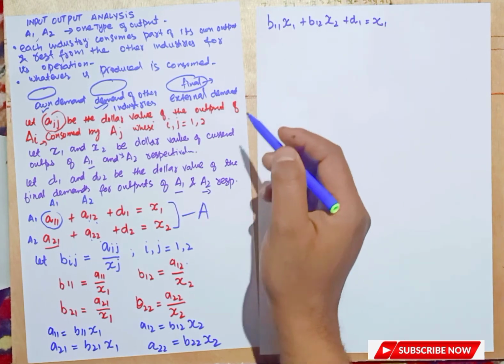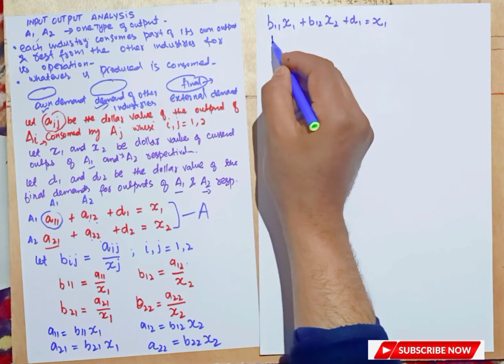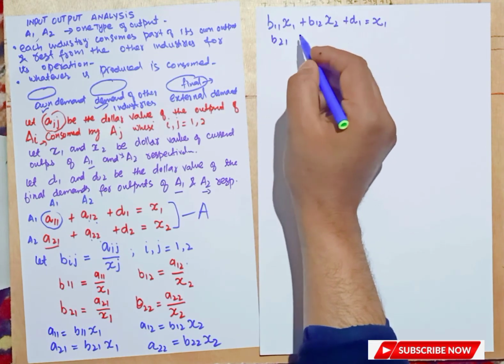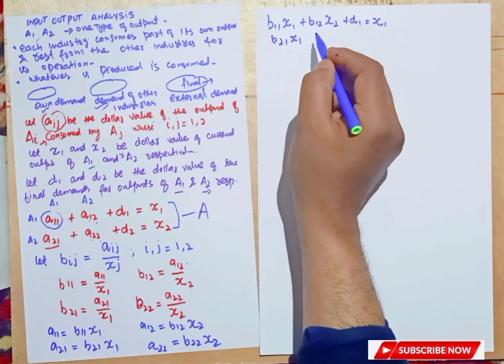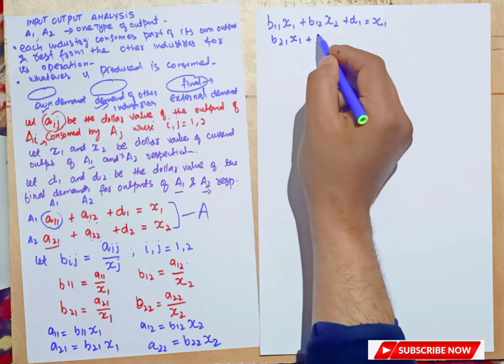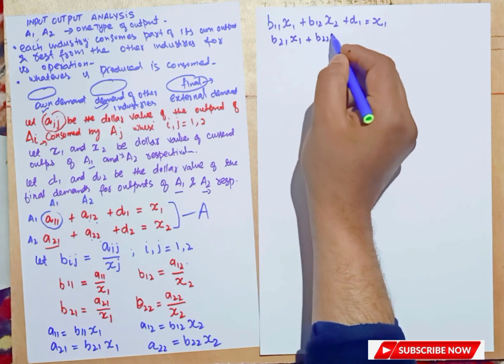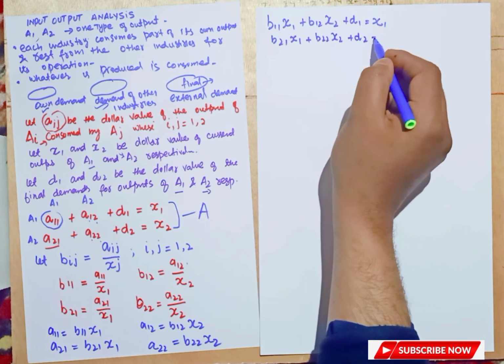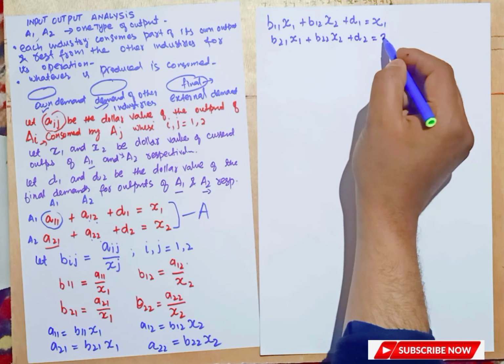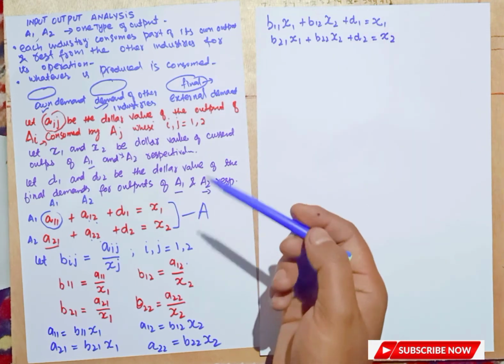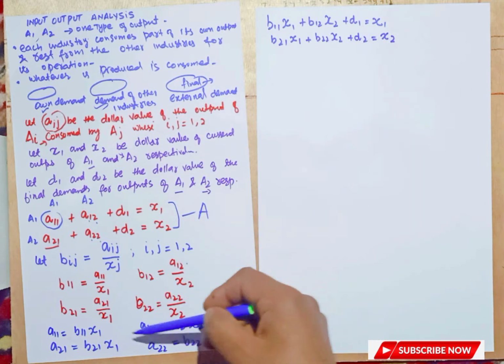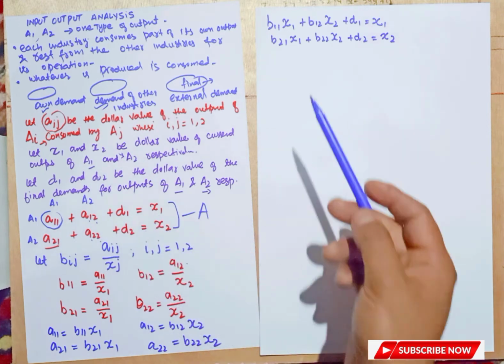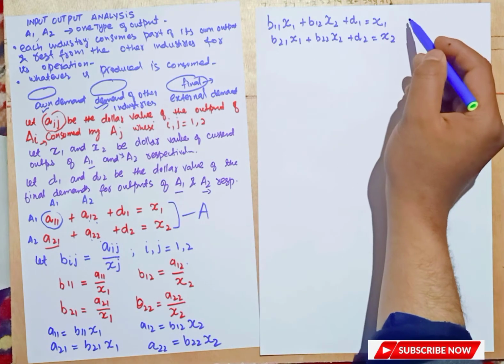Similarly, I will write B21 X1 plus B22 X2 plus D2 is equal to X2. So I have written these equations like this.